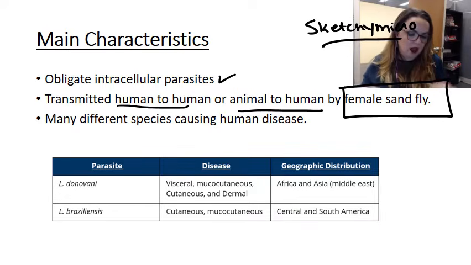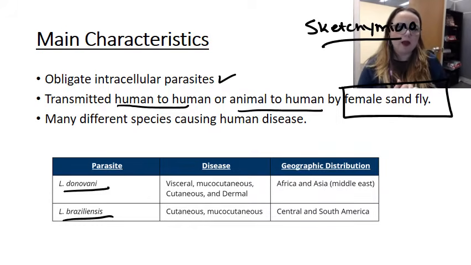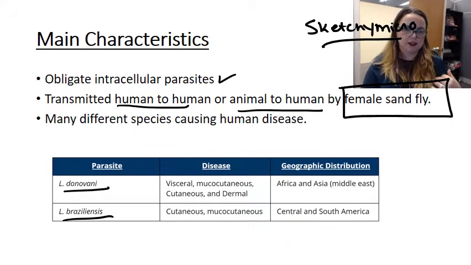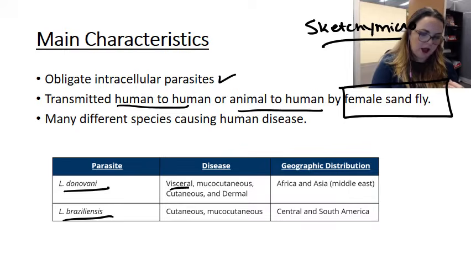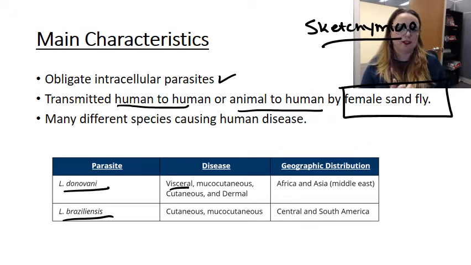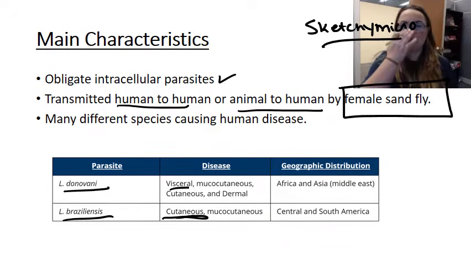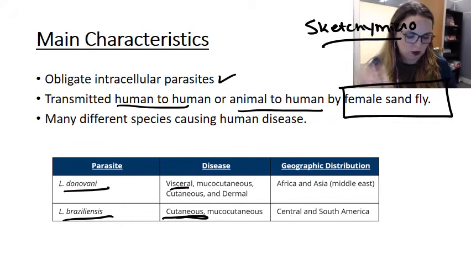Okay, so the two species that I'm going to focus on in this video are L. donovani and L. brasiliensis. L. donovani is the cause of visceral leishmaniasis, as well as mucocutaneous or cutaneous or dermal leishmaniasis, whereas L. brasiliensis is more known for causing cutaneous and occasionally mucocutaneous.